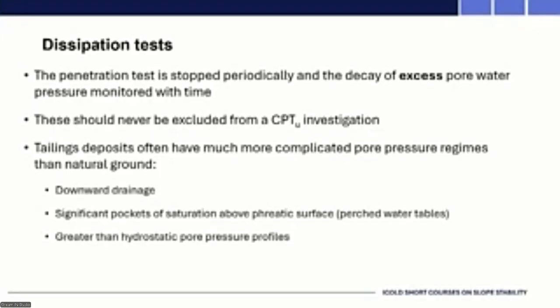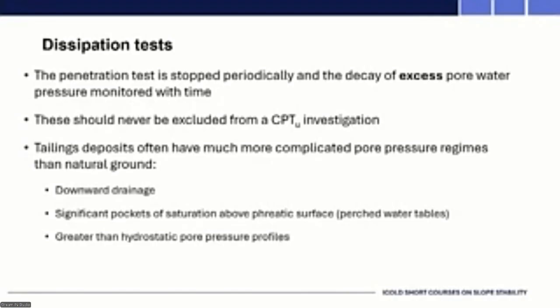The thing is, we don't always have hydrostatic conditions, so the dissipation tests are essential to try and determine, well, do we actually have perhaps downward drainage, because you've got an underdrainage system that's functioning really well. So your pore pressure might be higher at a certain elevation and then decrease below that elevation because of the drainage. You might have zones of effectively perched water tables because of a layer of really low permeability tailings.